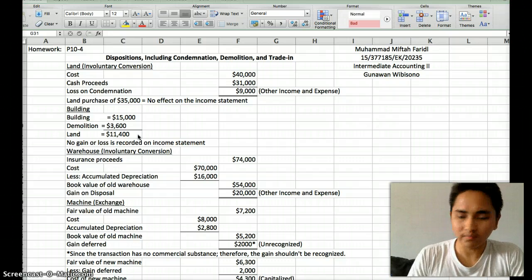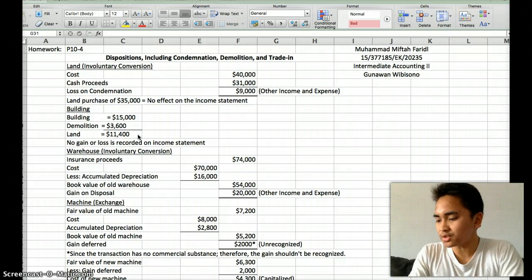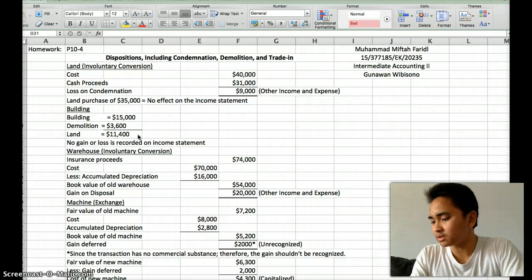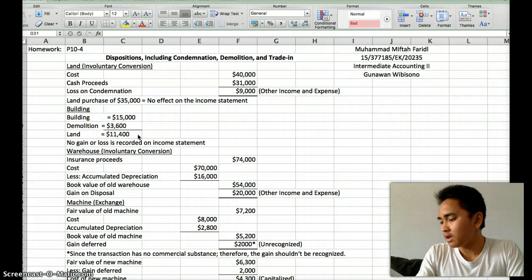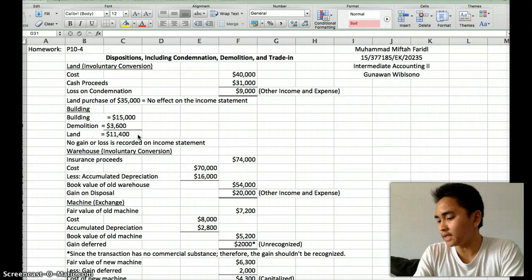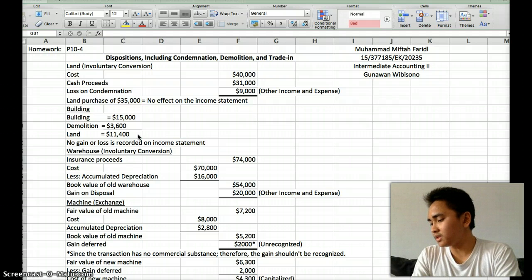The second one is building. The transaction is on April 2nd, land and building were purchased at a total cost of 75,000, of which 20% was allocated to the building on the corporate books. The real estate was acquired with the intention of demolishing the building, and this was accomplished during the month of November.